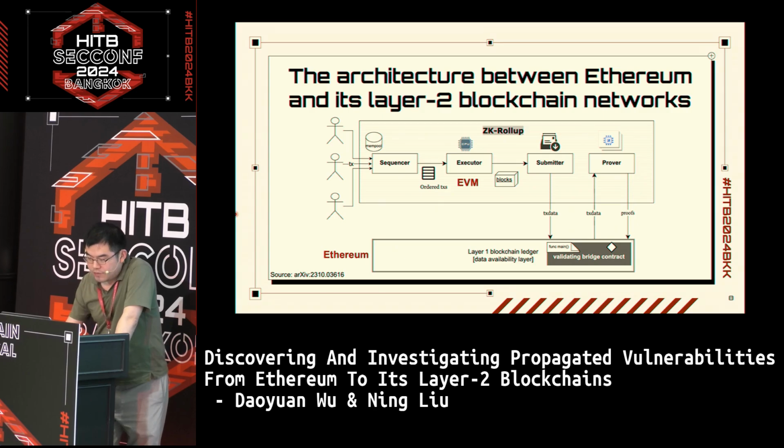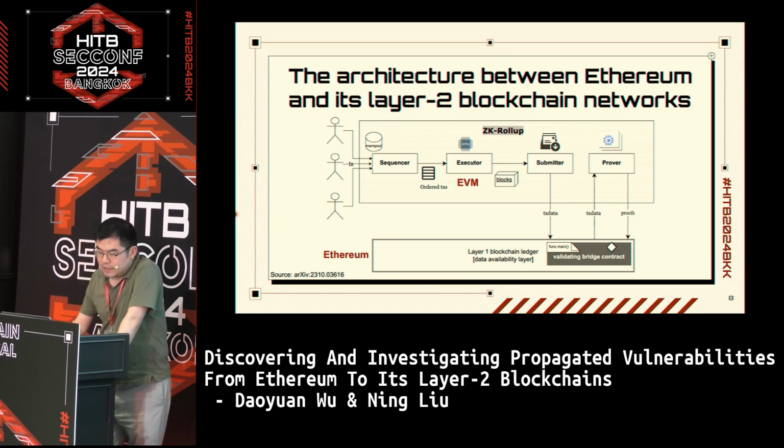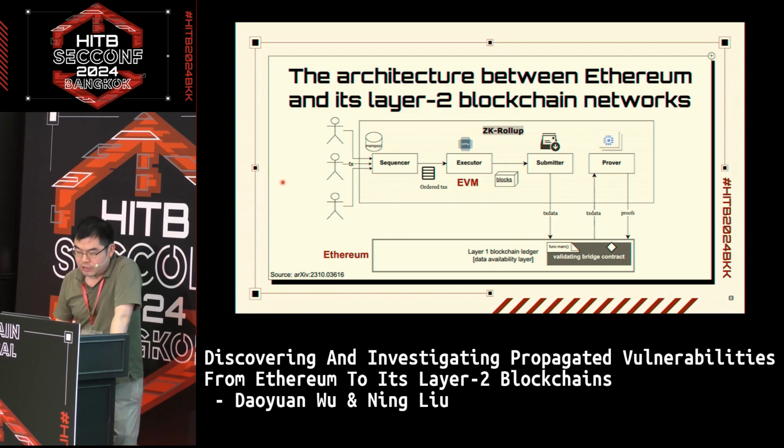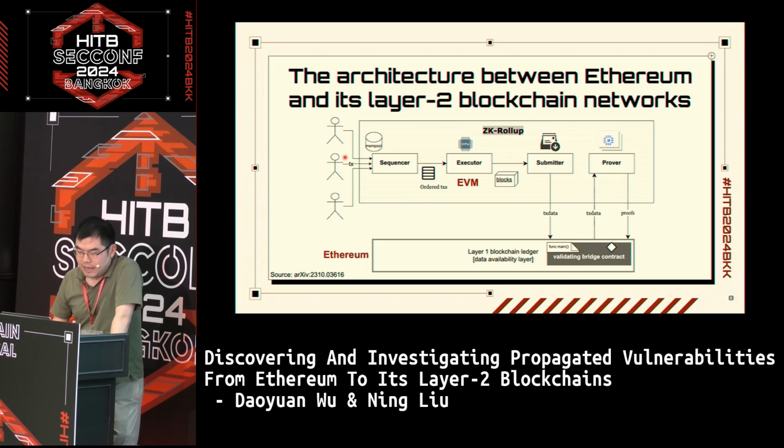In terms of the architecture of the typical connection between Ethereum and its layer 2 blockchain network, this figure gives a very good example. This is the layer 2 network, and this is the layer 1 blockchain network, such as Ethereum.